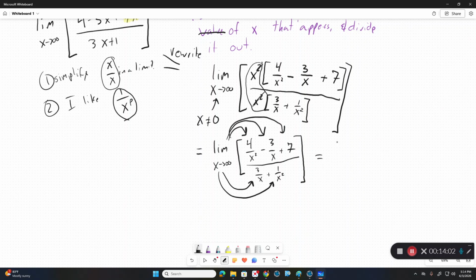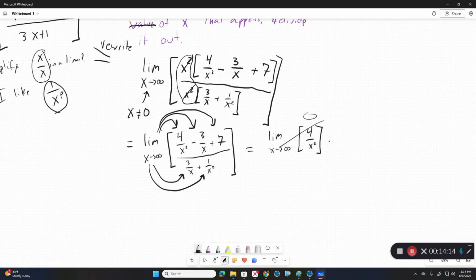So this is going to be the limit as x approaches infinity of 4 over x squared, and as you guys have seen, that's going to equal 0. Minus the limit, whoops, forgot my limit, of 3 over x. And a reminder, that's going to go to 0.